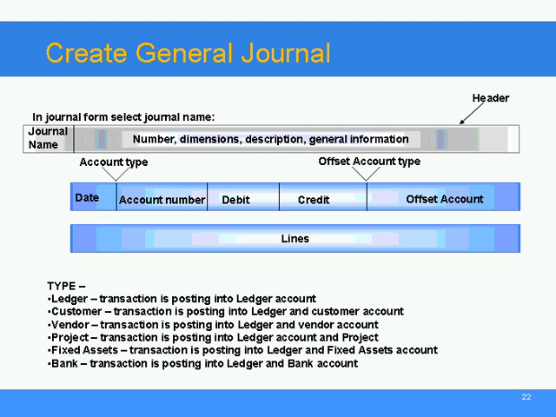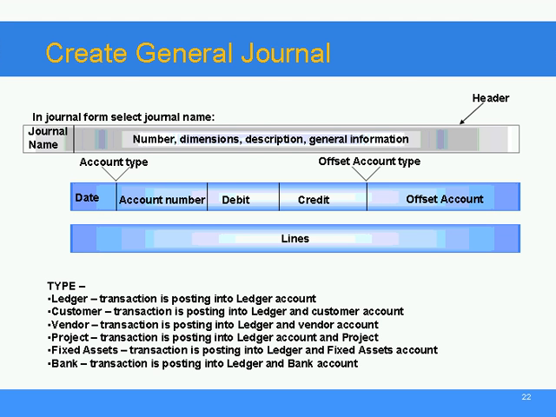For example, if you select vendor, in the field account number, you will see the vendors list. Then you need to fill the amount in the debit or credit field. You need to create at least one line and fill, for example, amounts in the credit field.